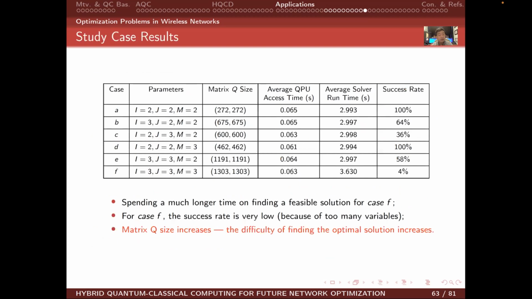And here we have different setups with different parameters, spending a much longer time finding a feasible solution for case F. For case F, the success rate is very low.